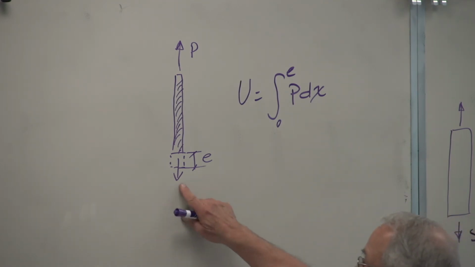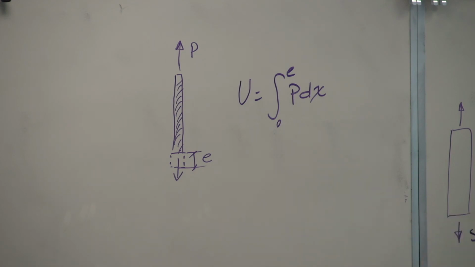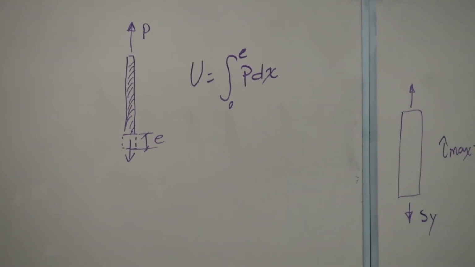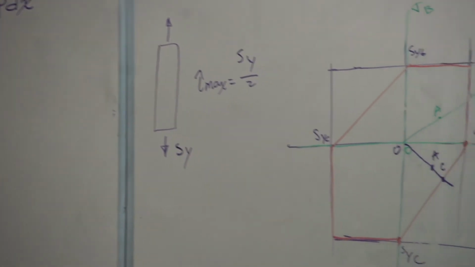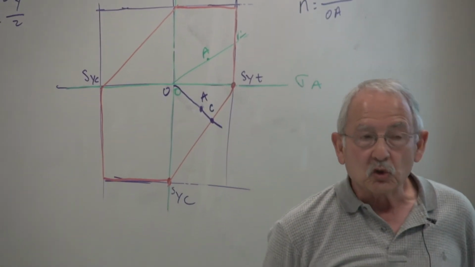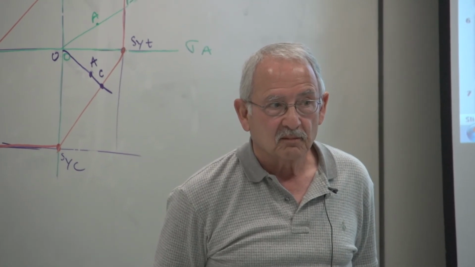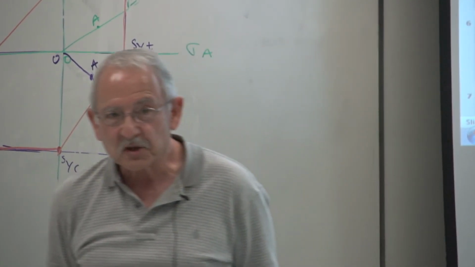In this case, is the force P a constant? Remember, we're doing a tension test. When you did a tension test, did you do it with a constant force? Was the force applied to the specimen a constant?